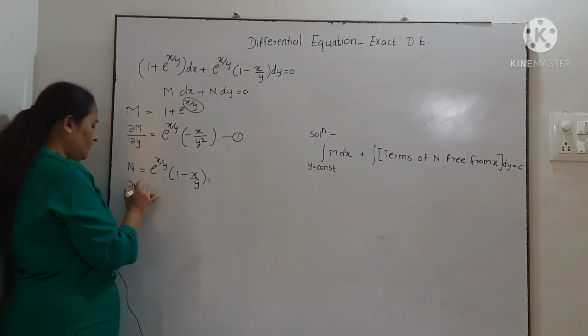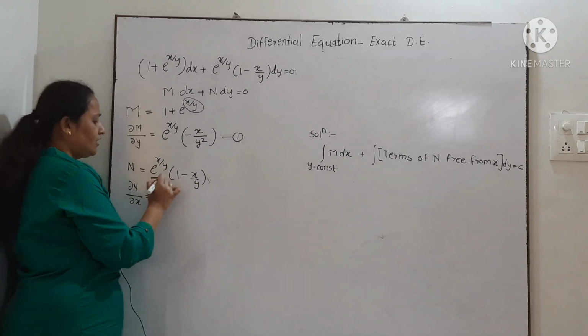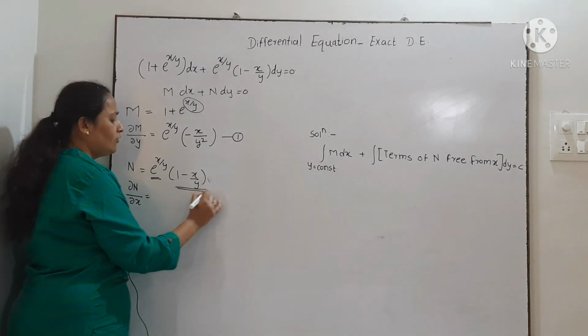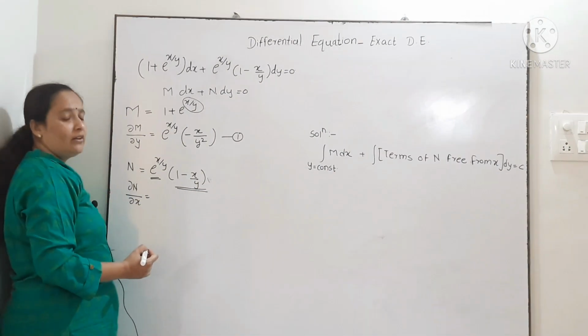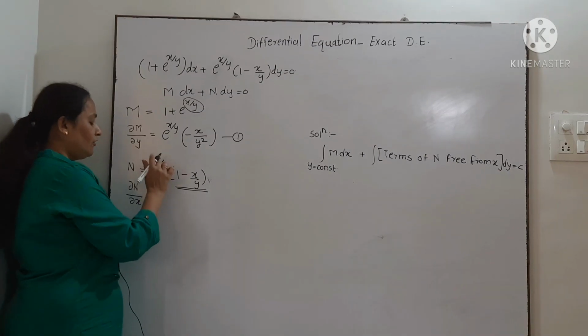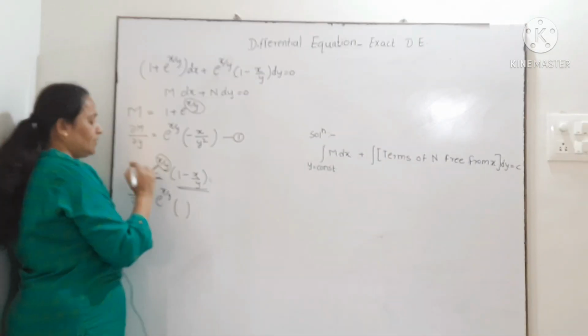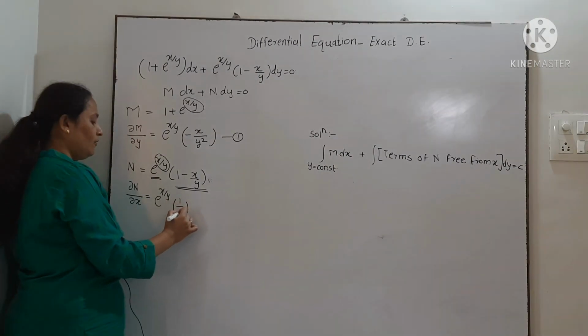Now I'll find the derivative of N with respect to x. If you observe, this is a function of x, this is also a function of x. Therefore, while finding the derivative, you have to use the product rule. The derivative of e raised to x is e raised to x, so it is e raised to x upon y into the derivative of x upon y, that is 1 upon y.